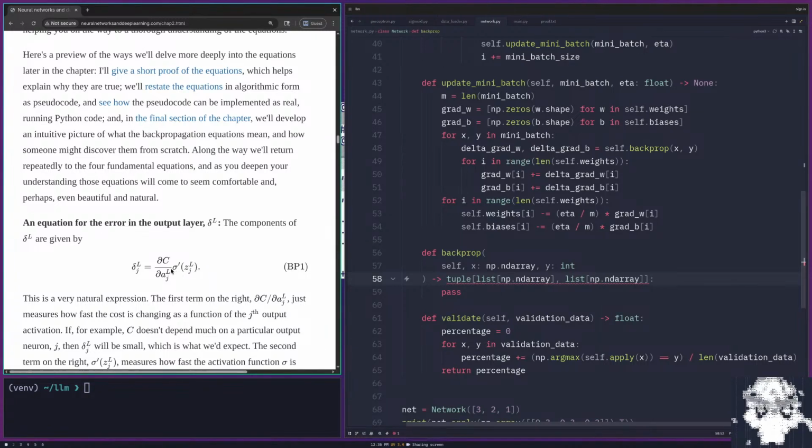Why isn't it only equal to sigmoid prime of Z? Oh, because that would be the derivative of A. That would be the derivative of A with respect to Z. So that's why this makes sense.